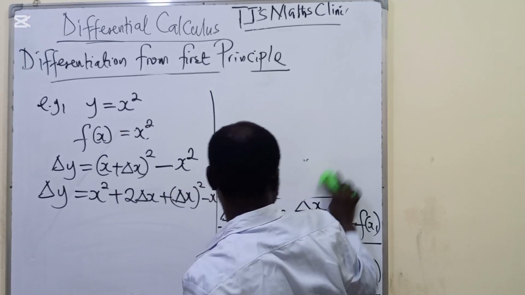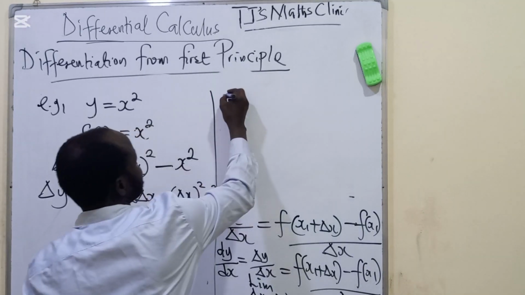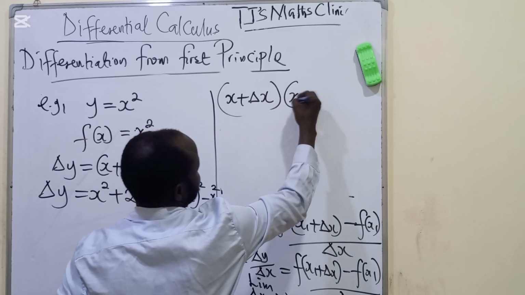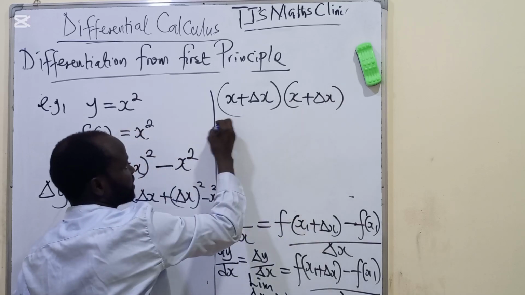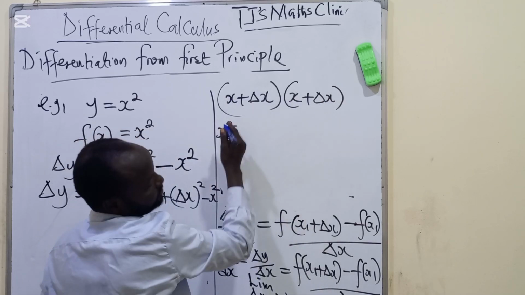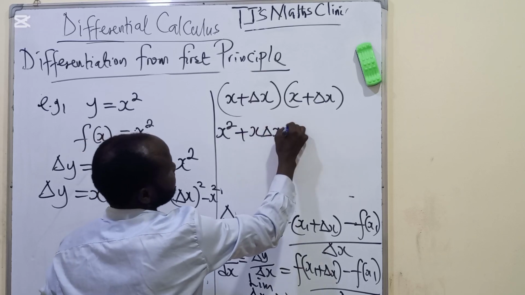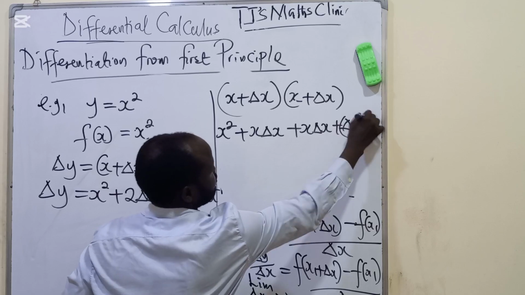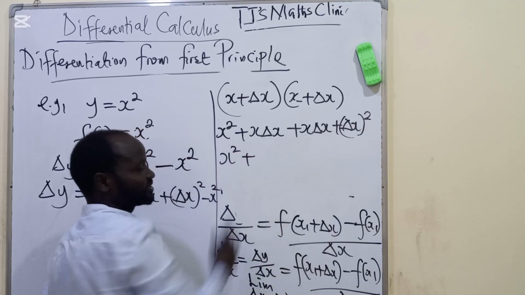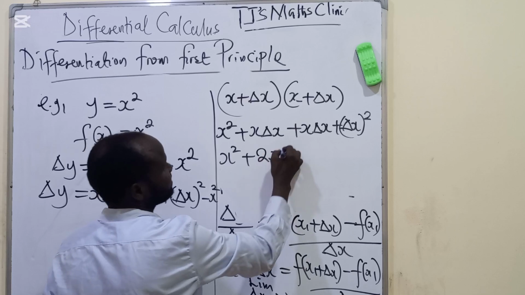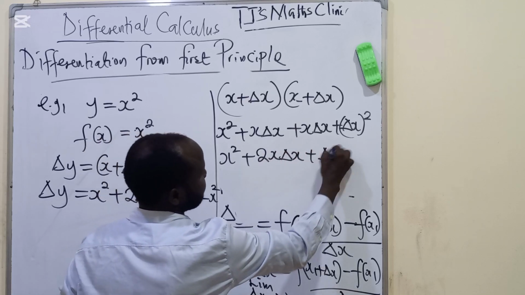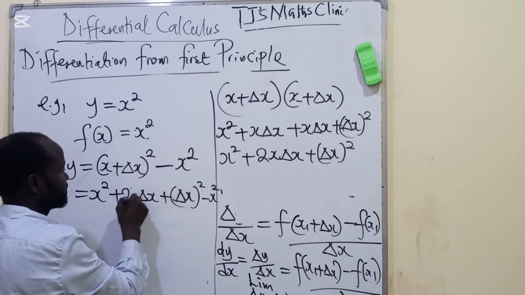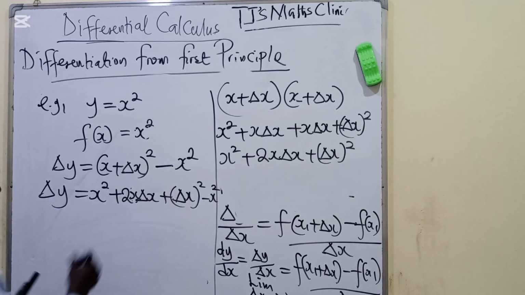We have x plus delta x all multiplied by x plus delta x. x times x, that's x squared. x times delta x, that will be x delta x, plus we have x delta x plus delta x all squared. This will be x squared plus x delta x plus x delta x, which is 2x delta x, plus delta x all squared. This is how we come about this expansion.